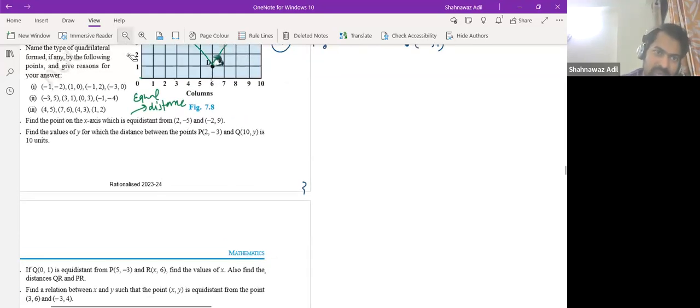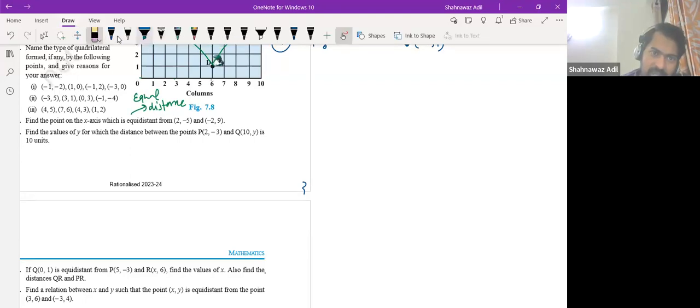First we write all the coordinates. So find the values of y for which the distance between the points is 10 units. So we have a P point and we have a Q point.